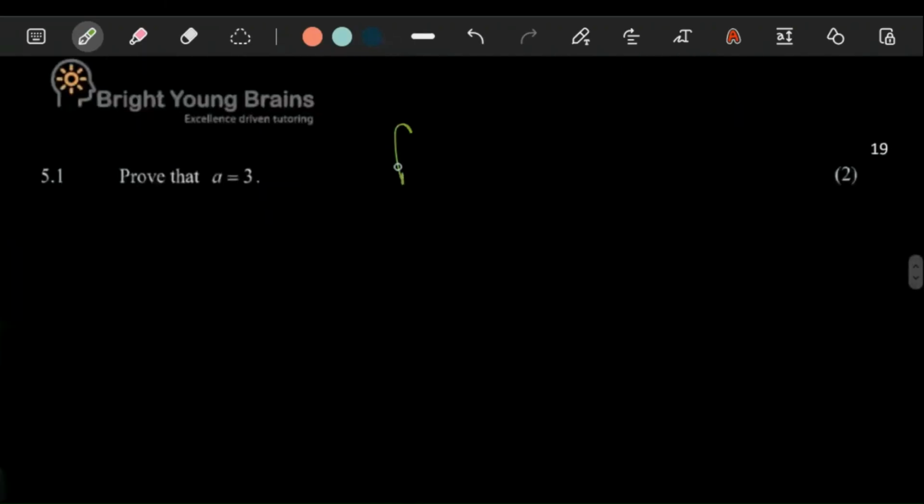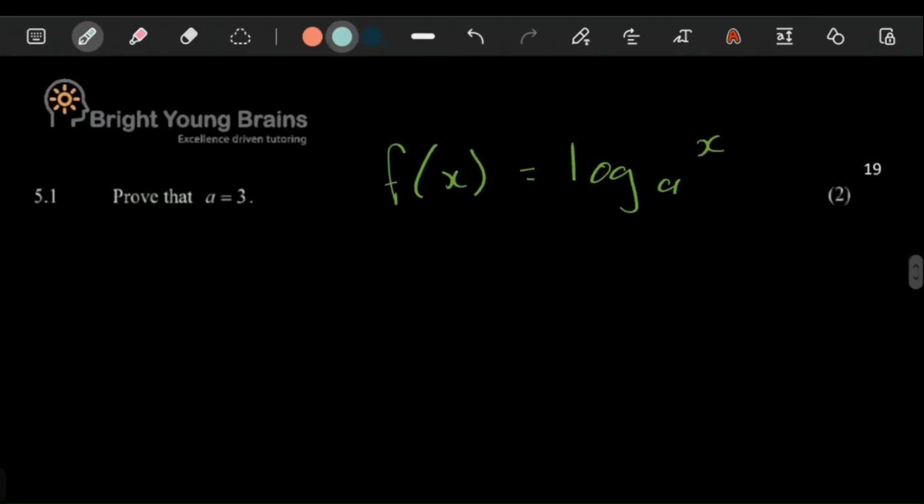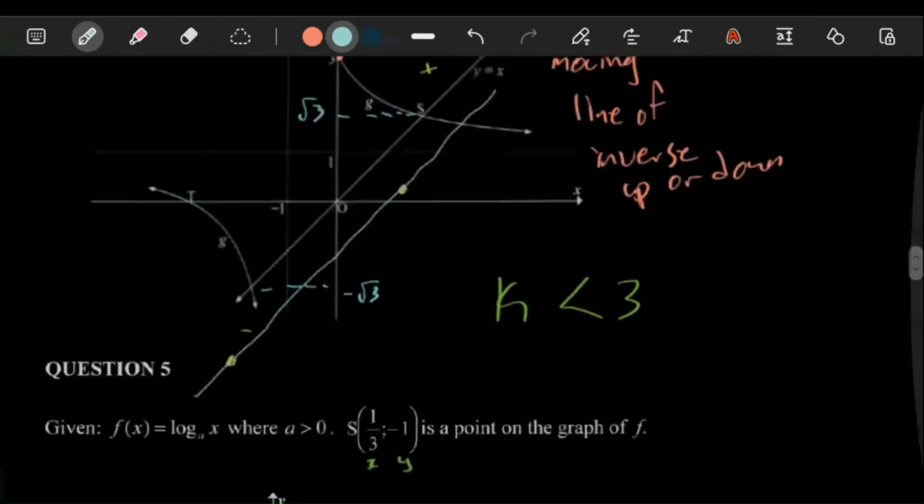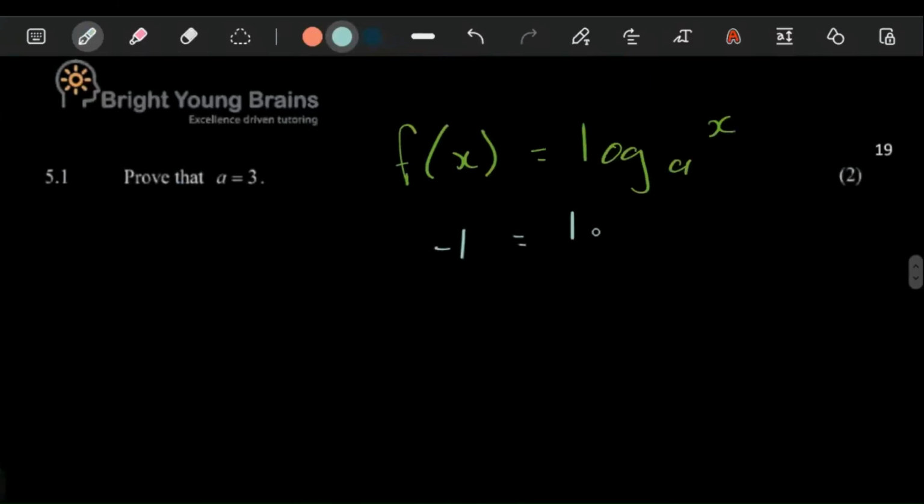So you see, f of x is equal to log a with x over here. So when we see y, we saw that it is -1. And then where we see x, we saw that it's a third. Log with base a, and then a third.